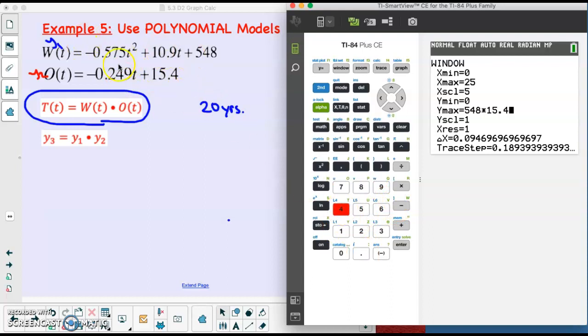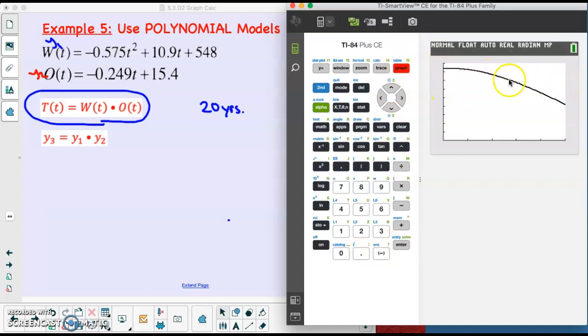If you multiply these two together, the y-intercept will just be whatever this constant is multiplied by this constant. And that is that number, 8,439.2. All right, so just to be safe, I'm going to make that go to 9,000, and then I'm going to count by thousands. And let's hit graph.